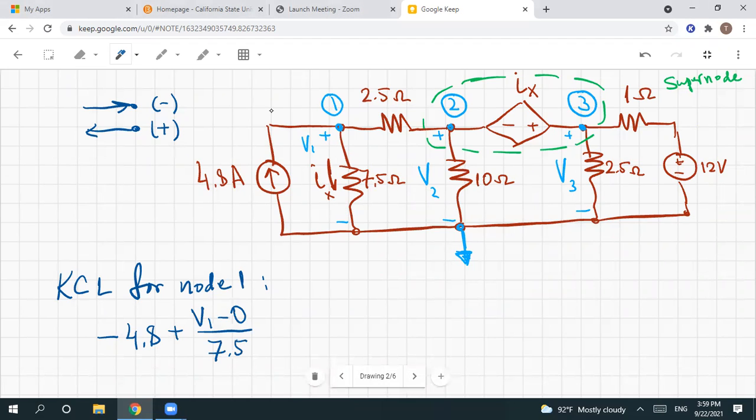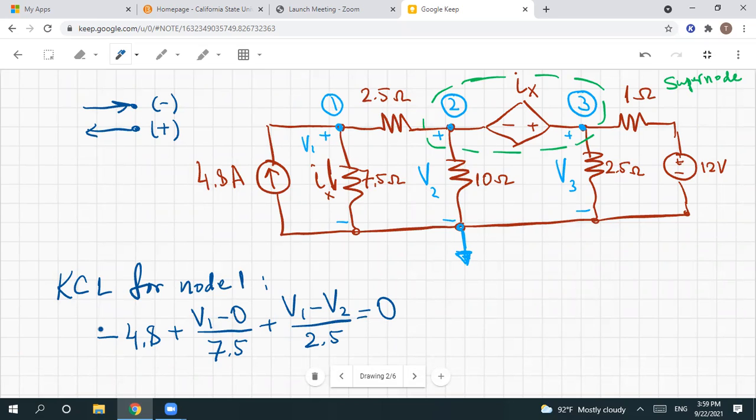Okay. And now this current, which is leaving the node towards node 2, will be V1 minus V2 over 2.5. So it will be plus V1 minus V2 over 2.5. And this is equal to 0. If I want to, I will arrange this equation later on.